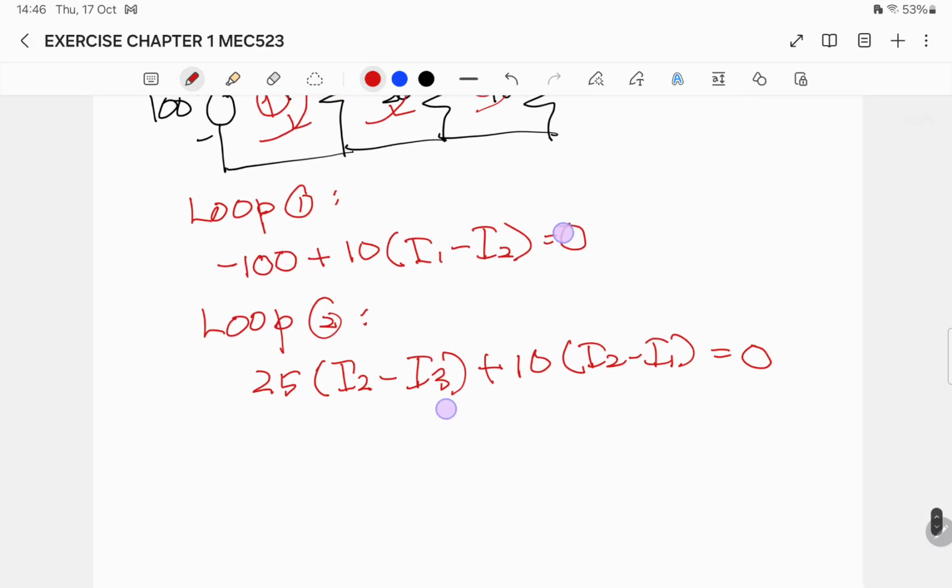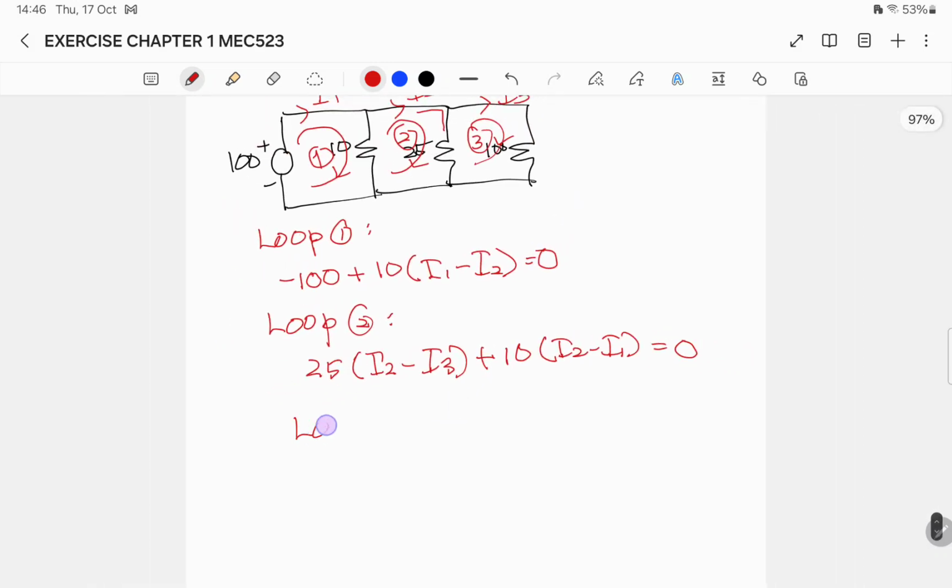Okay, loop 3 pula. 100 I3 plus 25 I3 minus I2 equals to 0.